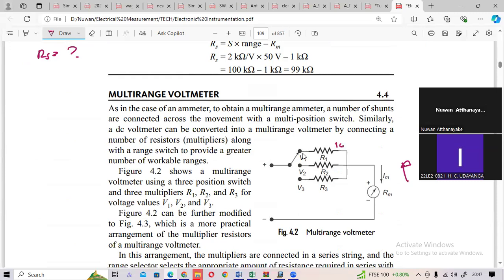This may be for 10 volt, this may be for 50 volt, this may be for 60 volt. If you want the 60 volt range, you simply switch this resistor to the Diasono setup. So by adding multiple series resistances with the Diasono setup, you can make this multi-range.